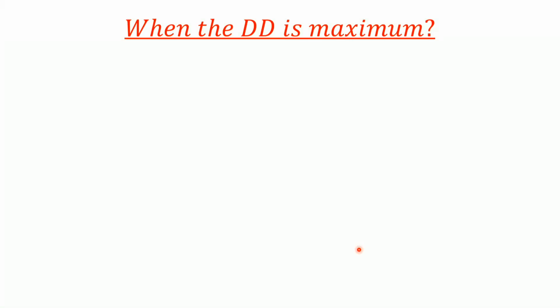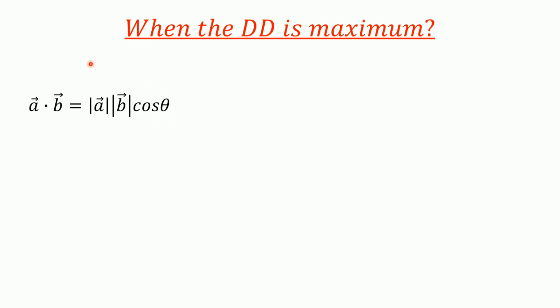Here we'll discuss one of the very important properties of the directional derivative: when the directional derivative is maximum. You see, we are discussing the maximum directional derivative because a directional derivative is a dot product of two vectors, del phi and vector u cap. Now look at the dot product of a and b. It is equal to magnitude of a into magnitude of b into cos theta.